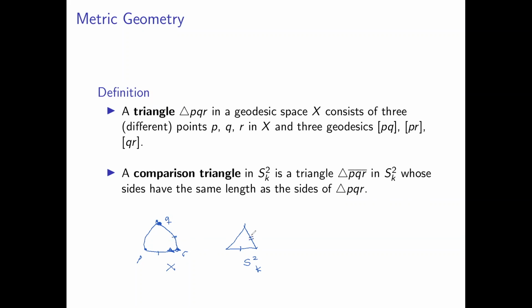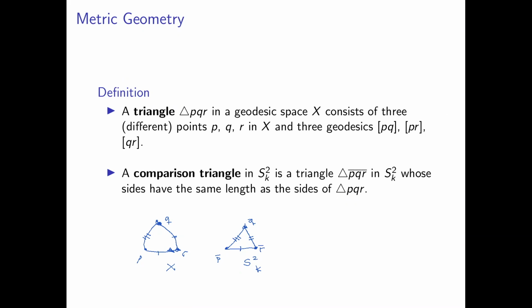So these corresponding sides have the same length. So this would be P bar, Q bar, and R bar.